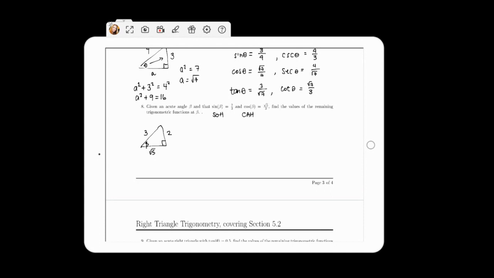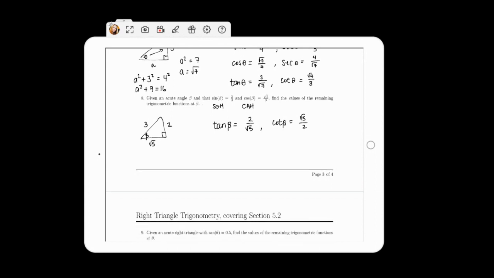I already know sine and cosine, so tangent is remaining. So the tangent of theta is equal to 2 over root 5. So tangent equals opposite over adjacent. And then I'm just going to use the reciprocal identities to get everything else. So the cotangent is the reciprocal of the tangent.